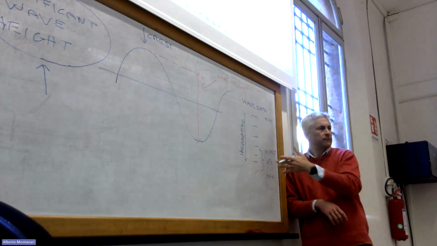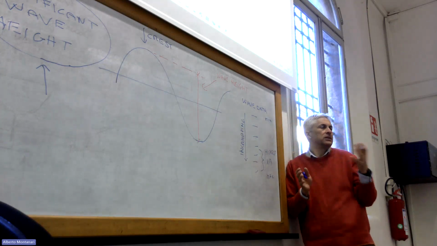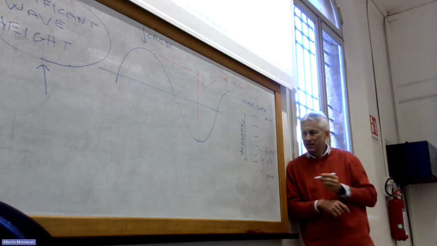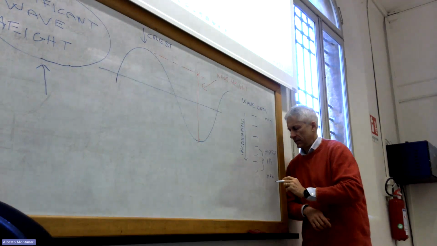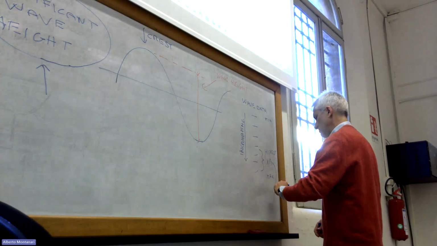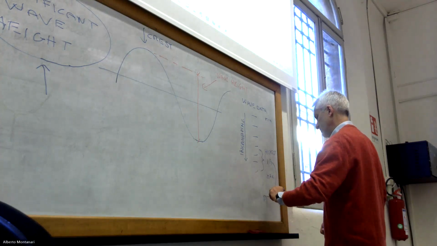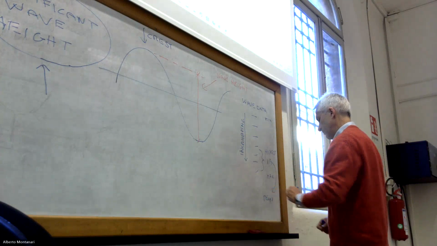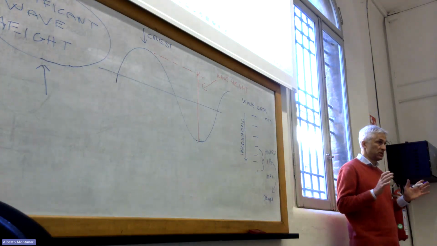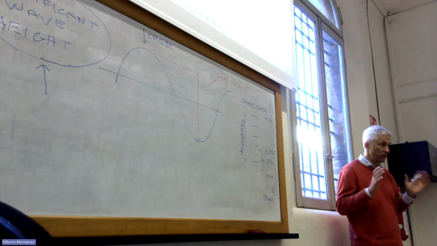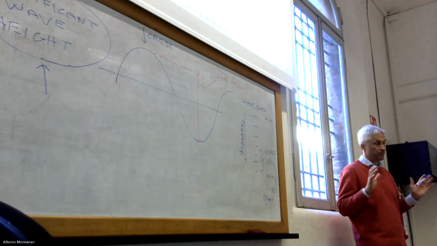Okay, so if you have 10, you get the last three and a half. Okay, and then you compute the mean, and then on this mean value. This is the way some textbooks define the significant wave height.